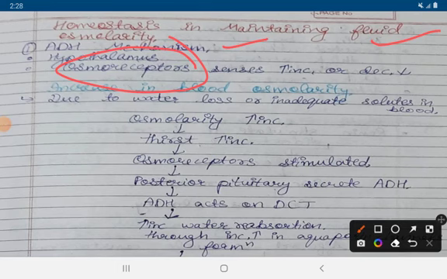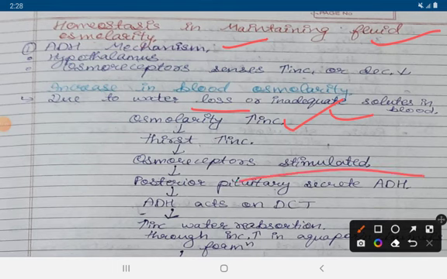If there is increase in blood osmolarity due to water loss or inadequate solutes in blood, thirst increases and osmoreceptors are stimulated. Thirst causes the person to drink more water.